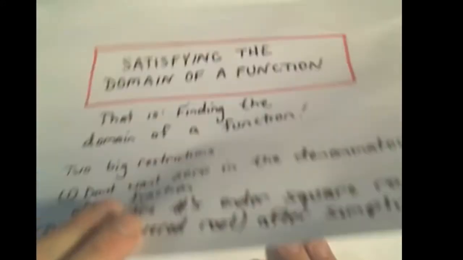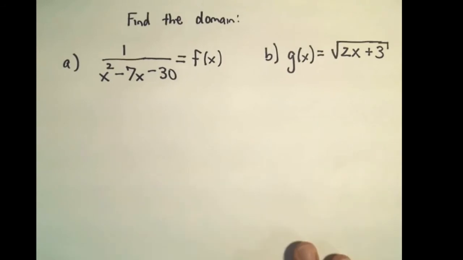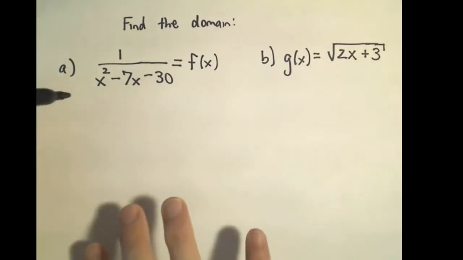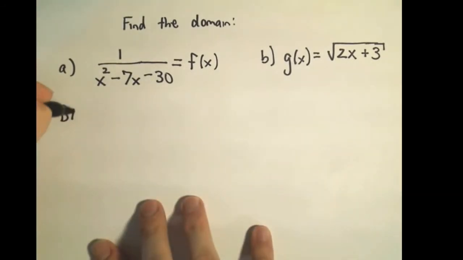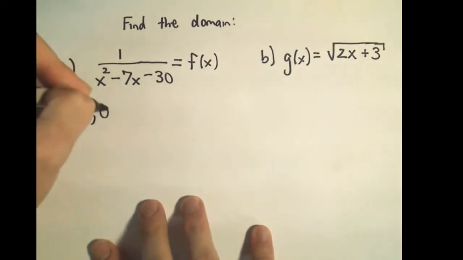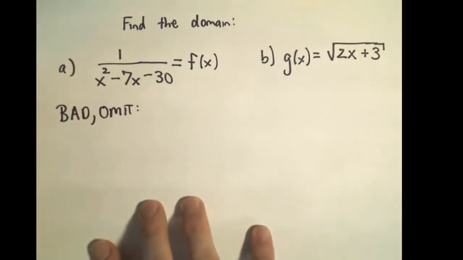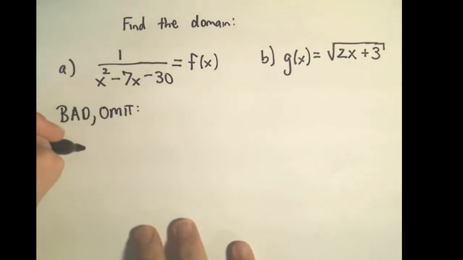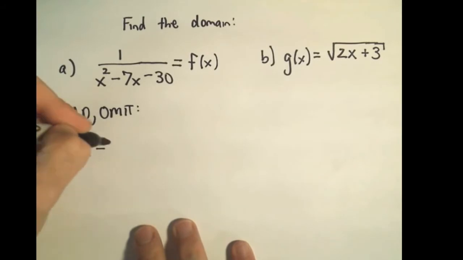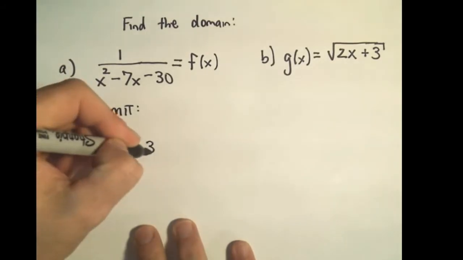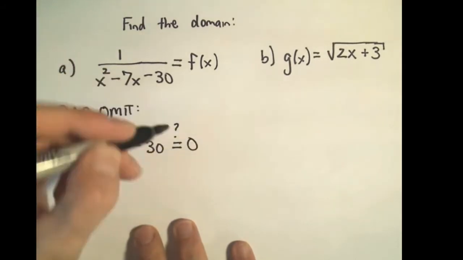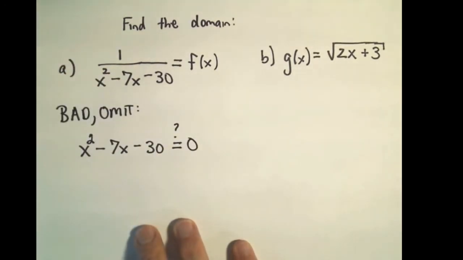So, 2 questions. Let's find the domain of these two. 1 over x squared minus 7x minus 30, and then b, we've got the square root of 2x plus 3. So to me, kind of the idea, the values that are bad, or the values that I must omit for this first equation, I don't want any value of x that makes the denominator 0. So I'm basically thinking, if I set, what makes the denominator, x squared minus 7x minus 30, I'm thinking, what makes that equal 0?